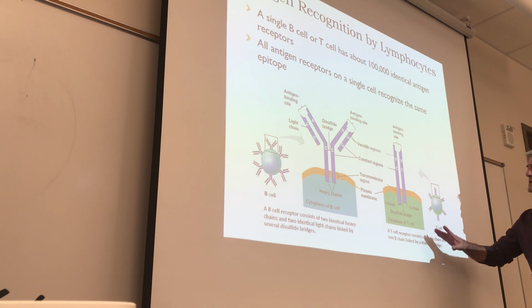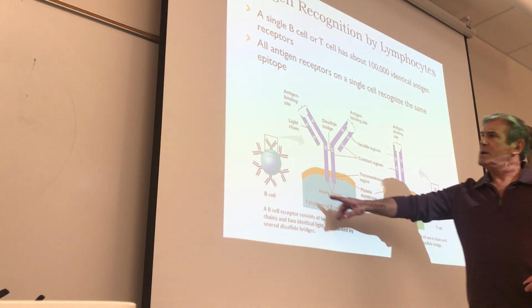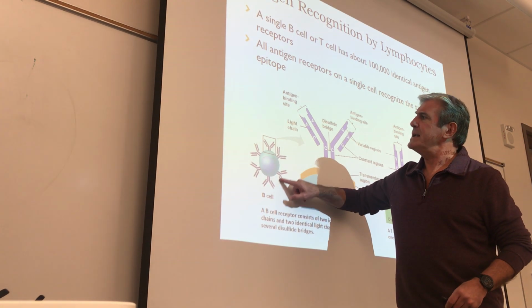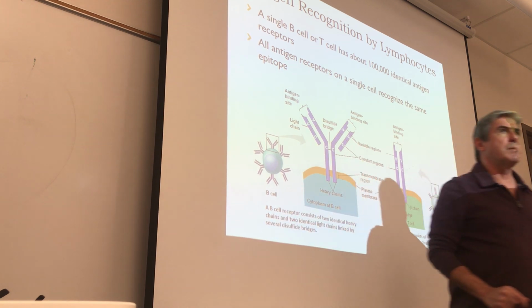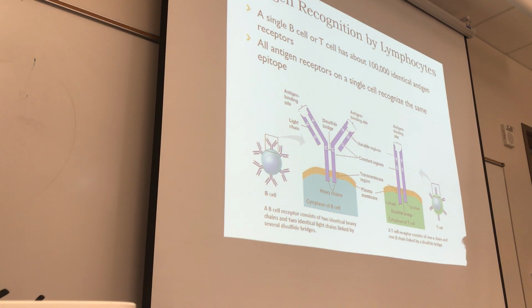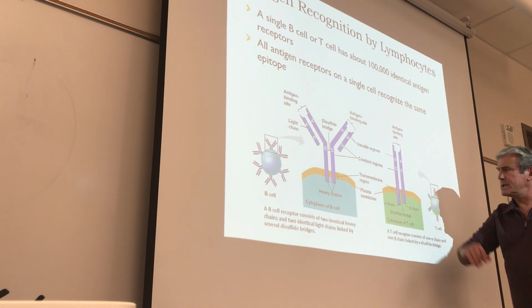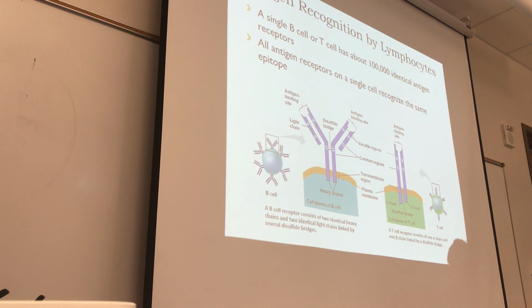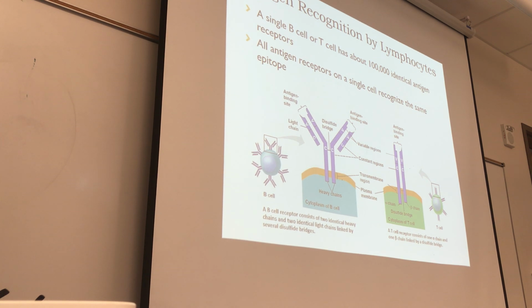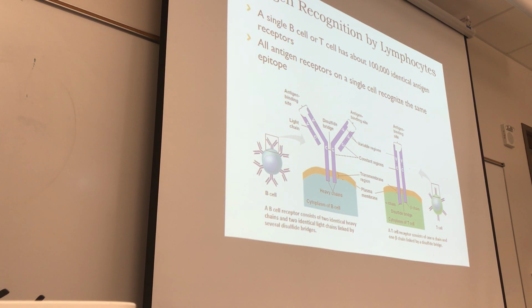Again, slight differences. Here we have a B cell, and these are literally just antibodies on the membrane surface, where the T cell has a unique receptor with one antigen binding site. We talked about it being versatile. You can create different antibodies or receptors for different antigens.